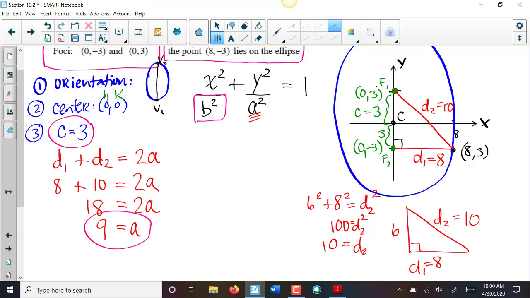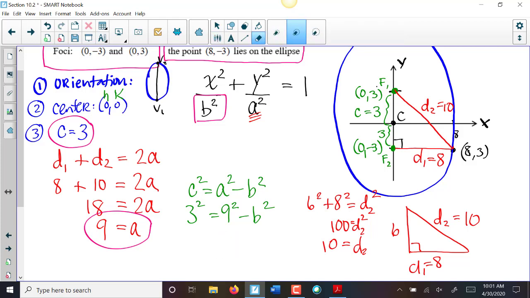So lots going on here. Let's find our b squared. So c squared is a squared minus b squared. So we have 3 squared is equal to 9 squared minus b squared. Basically, this is 9 equals 81 minus b squared.